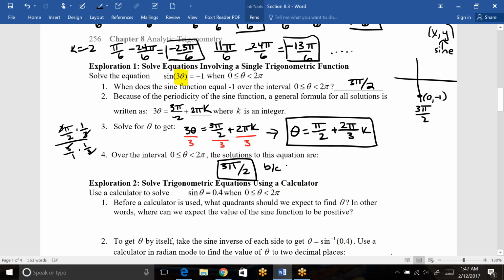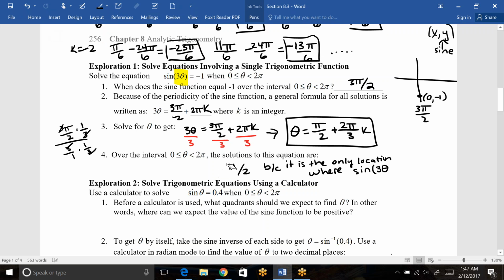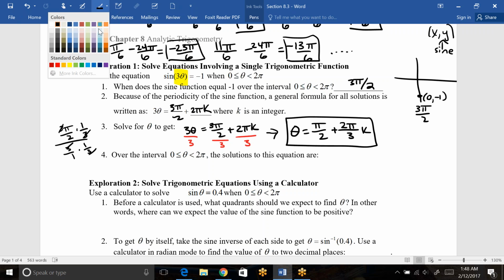And that's because it is the only location where sine, actually let me back up, that may not physically be true. Let's plug in a couple examples and see. Because if it was sine theta, yes, that would be the only solution, but we do have that 3.